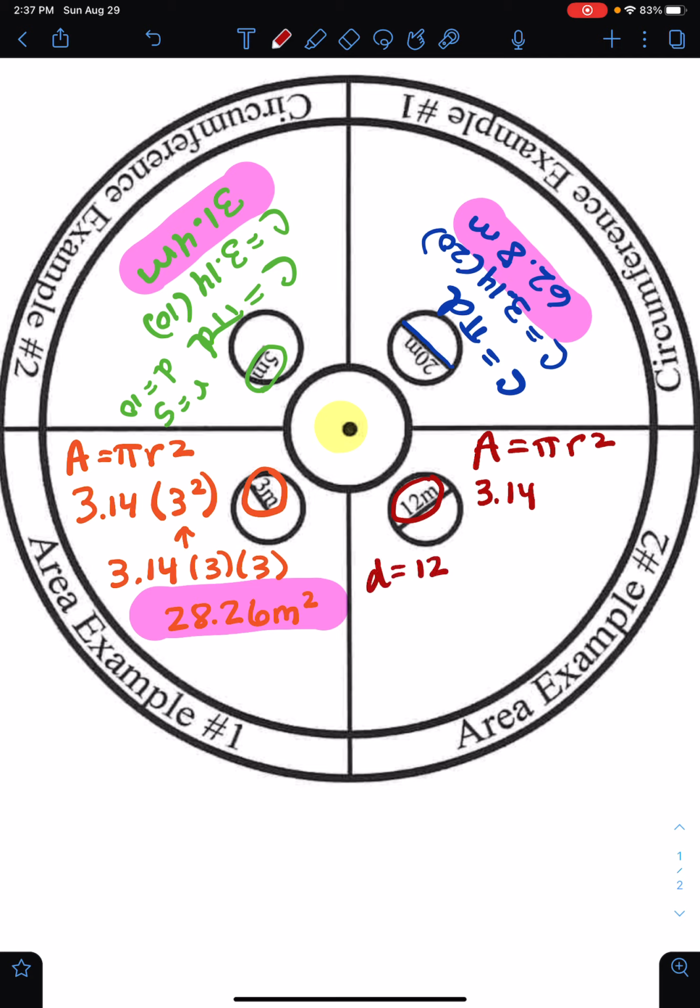For the formula for area, we need the radius, and radius is half the distance across, so we'll do 6 squared. So we're going to do the exponent first. 6 times 6 is 36. Or you can write out 3.14 times 6 times 6. It's the same thing. When I multiply that, I get 113.04. Again, it's meters squared because area is always measured in square units.